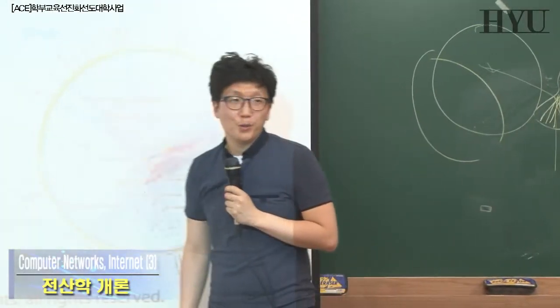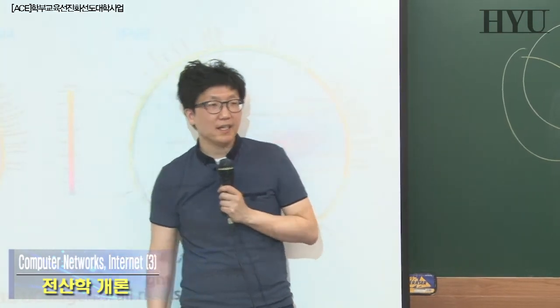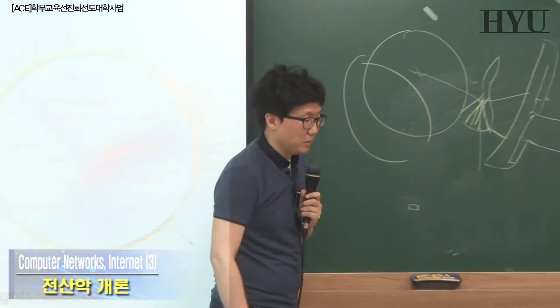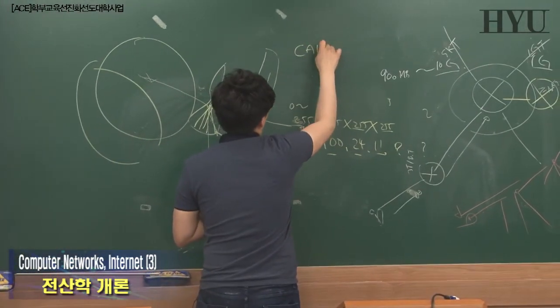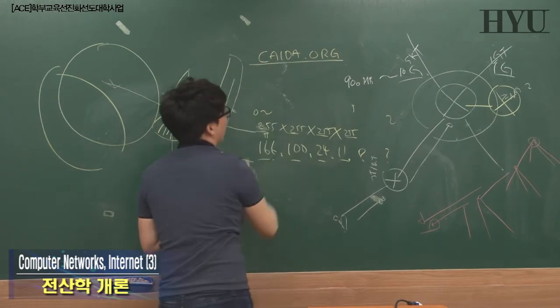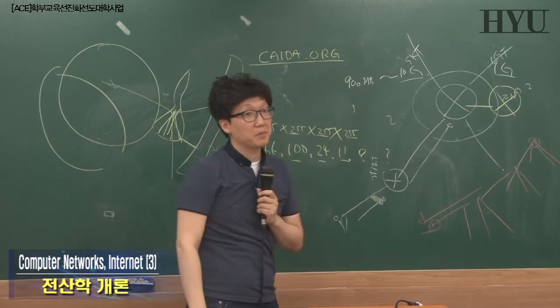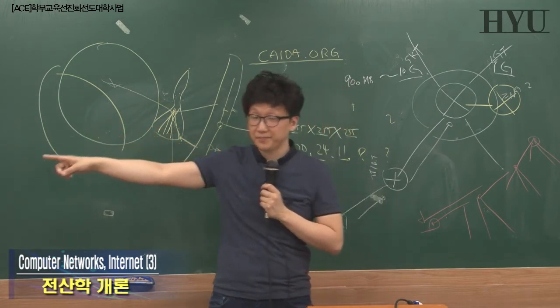You can actually download this data set if you wish. This is a website called kaida.org. 아마 kaida.org인가? 맞을 거예요. If you go to this website and click on the data set, you can actually download this data set.